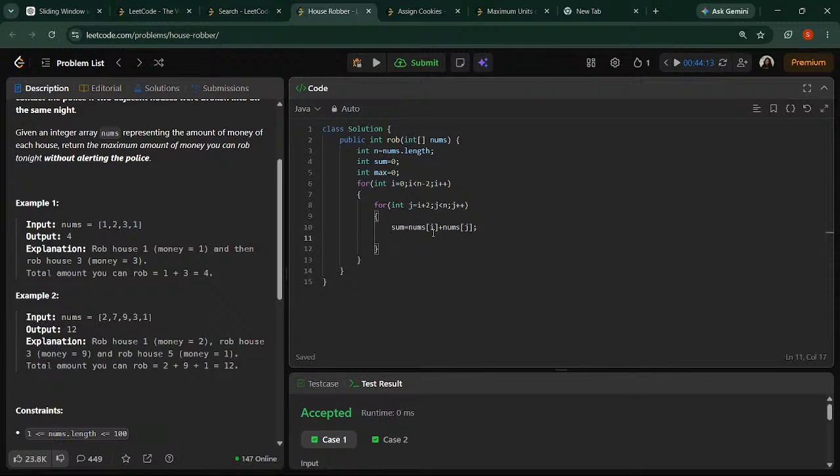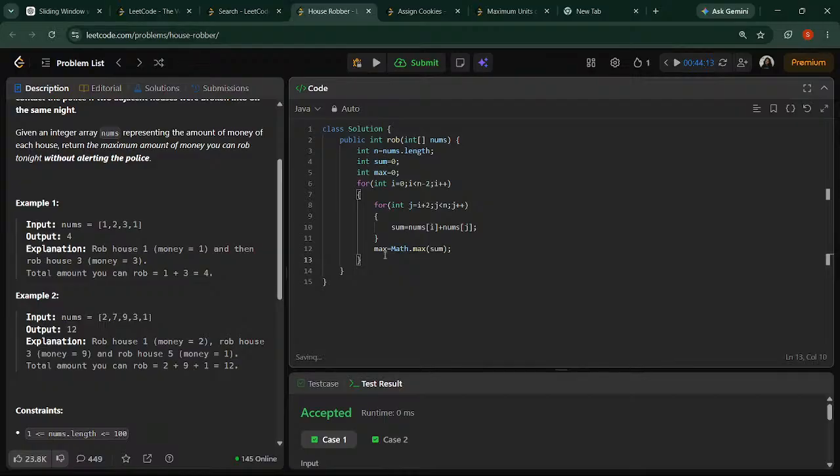Sum equal to nums of i and nums of j. I will be storing the max is equal to Math.max. Okay, I should use max outside this loop, right? Like max will be equal to Math.max of max and sum.